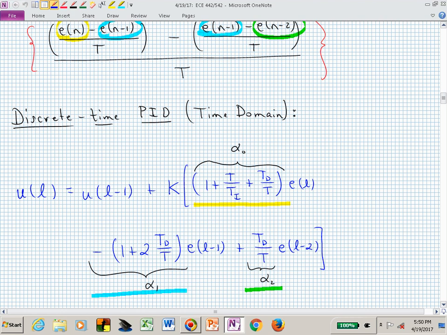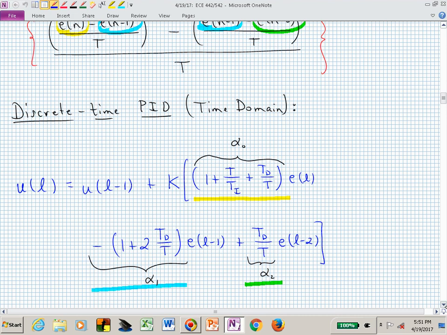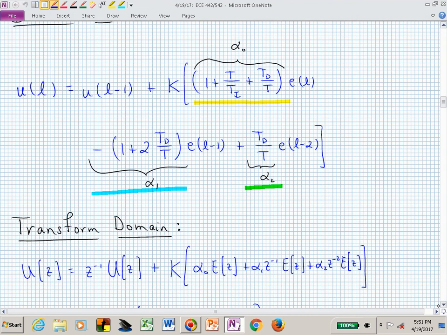But if we simply collapse all of those coefficients or parameters that are scaling the E of L, the E of L minus 1, and the E of L minus 2 into an alpha 0, an alpha 1, that's with 1 delay, and the alpha sub 2 is with 2 delays, then we can simplify that expression into something more like this, if we take it into the transform.